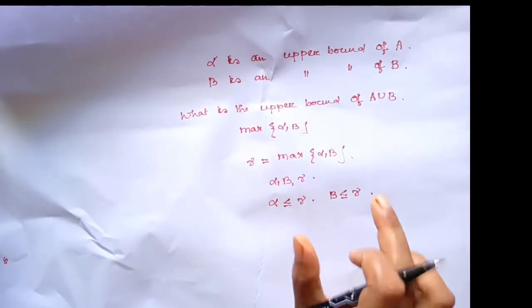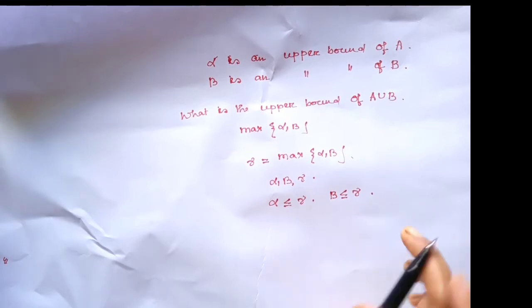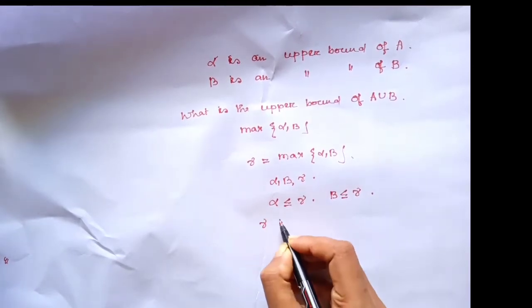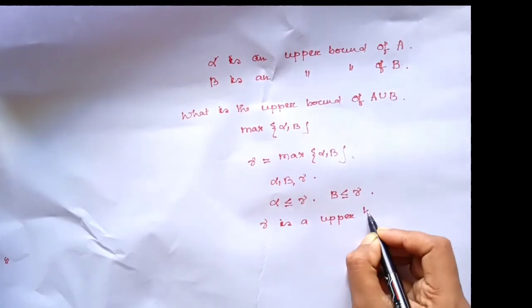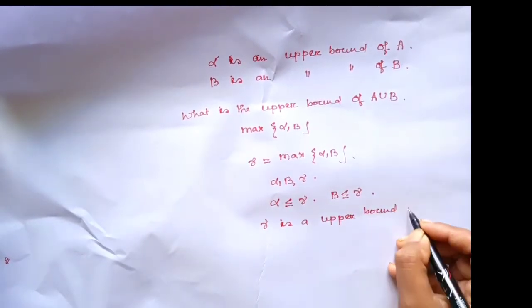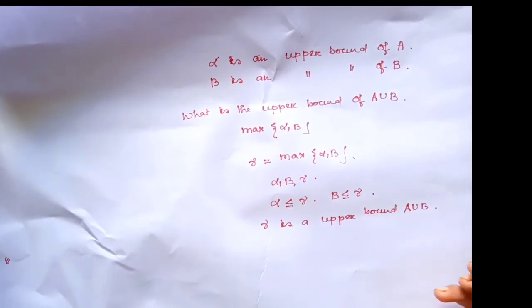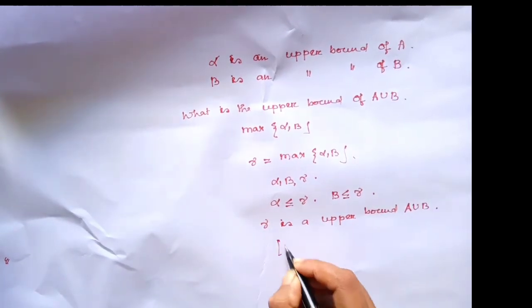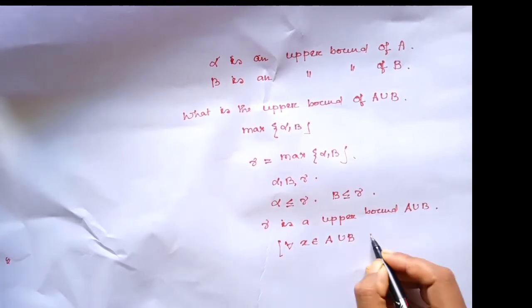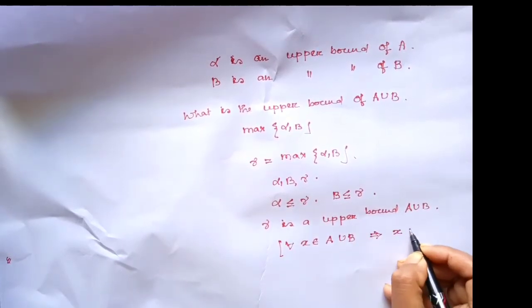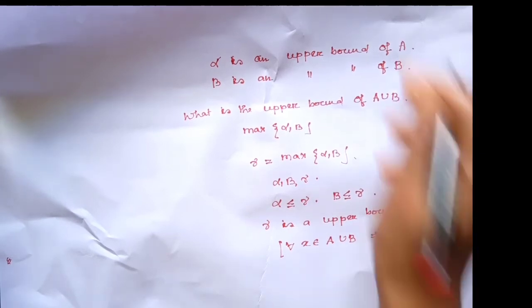Then I want to prove gamma is an upper bound of A union B. That means for all x belongs to A union B, x less than or equal to gamma, right?